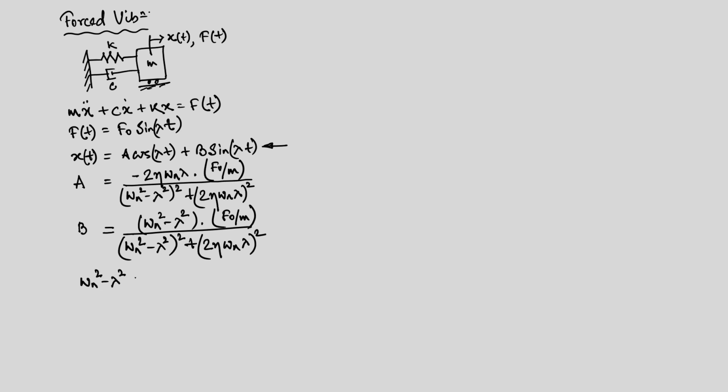Now, if we can assume that omega n square minus lambda square is equal to r cos theta, and then twice eta omega n lambda is equal to r sin theta.